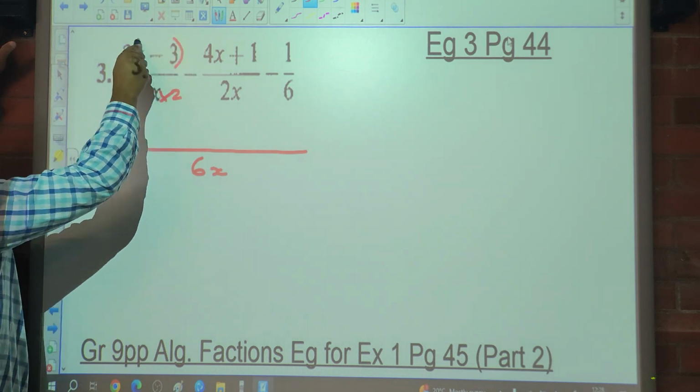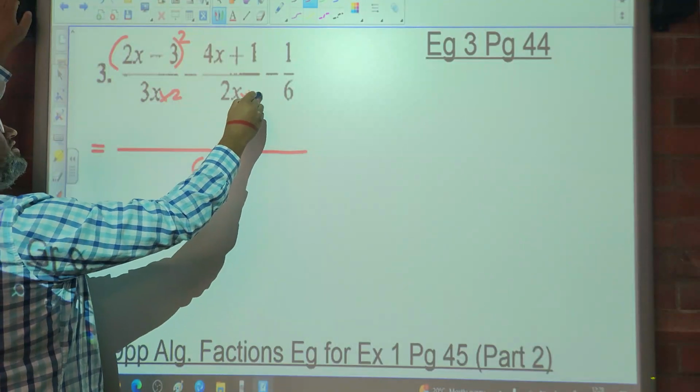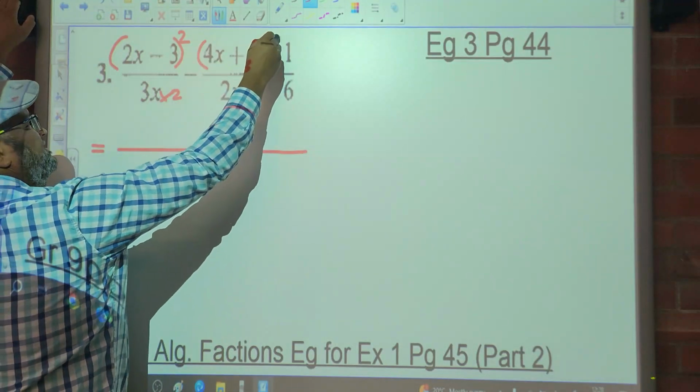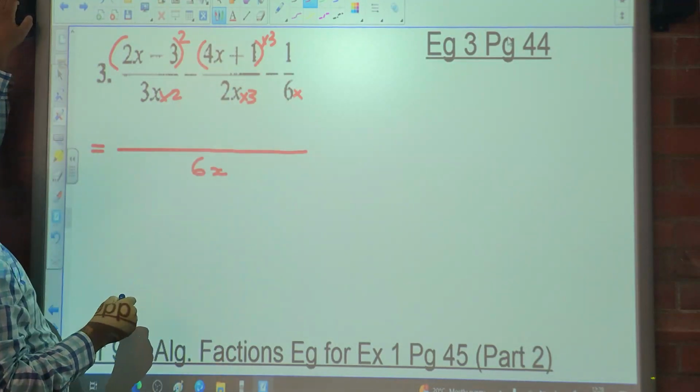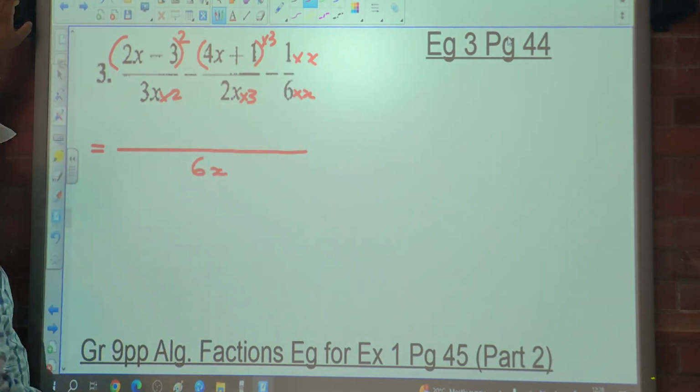So what must this fraction be multiplied by? 2. Numerator also by 2. This must be multiplied by 3. Numerator also by 3. This must be multiplied by x. Numerator also by x. You write it down and you multiply it out in your next step.